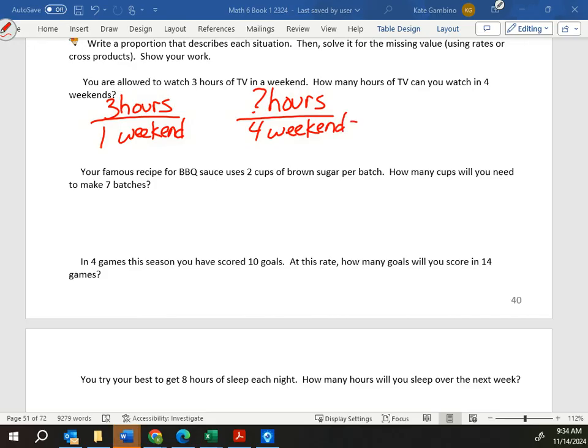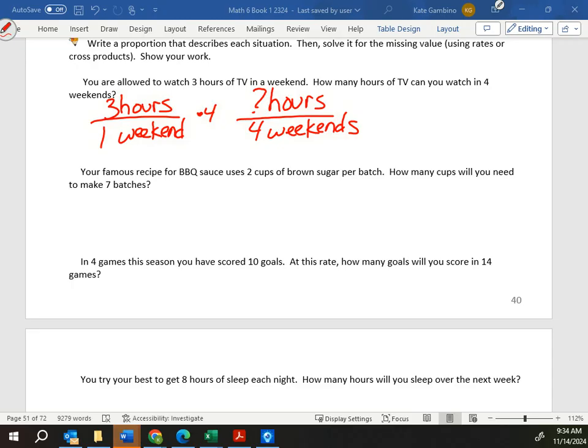So knowing what we know about equivalent, what we now know about proportionate, can we figure out how many hours we can watch in 4 weekends? What should I do, Lexi? You have to multiply 1 by 4 to get 4 weekends. So if you multiply 3 by 4, you get 12.